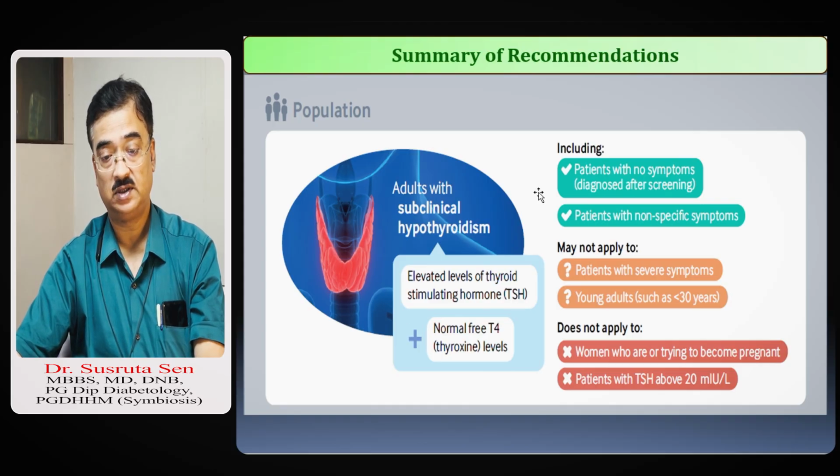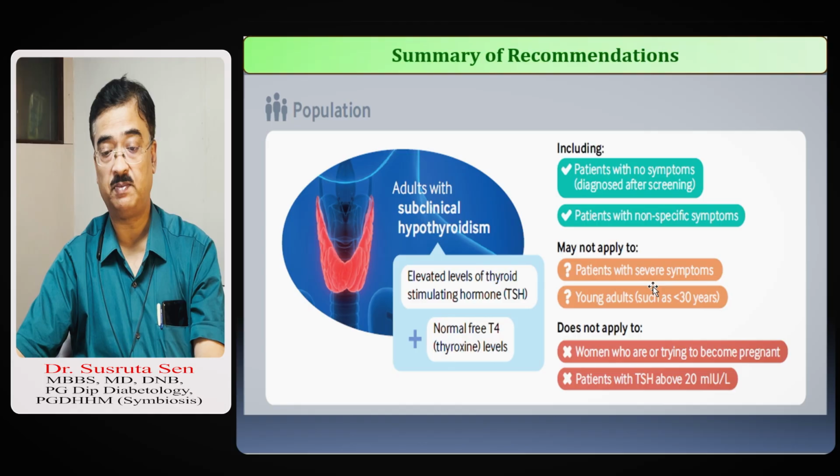Now, this is a nutshell summary and recommendation. With an elevated TSH level and a normal free T4 level, it depends when you treat and when you do not. For patients with no symptoms, diagnosed after screening, or patients with non-specific symptoms, don't treat, just observe.